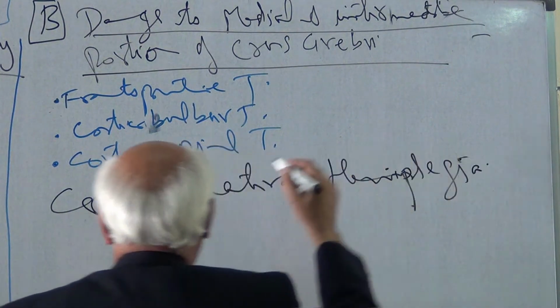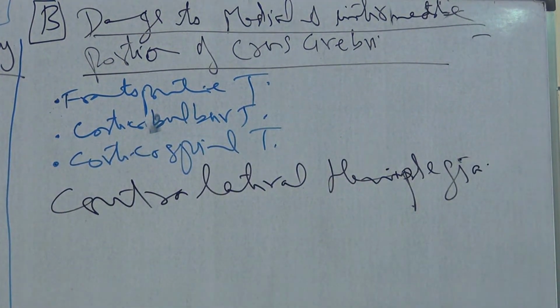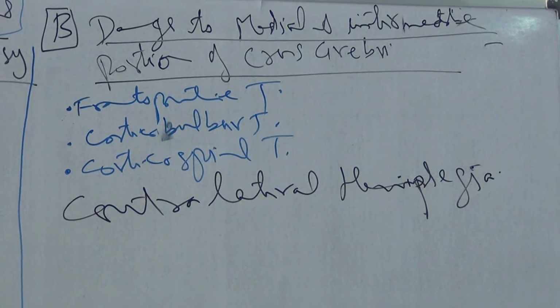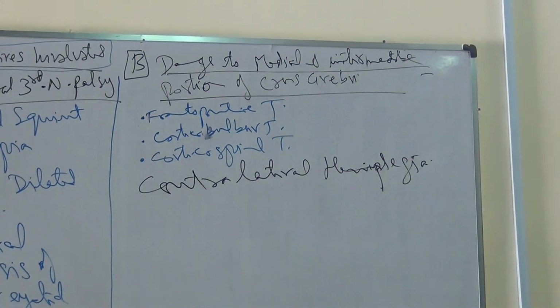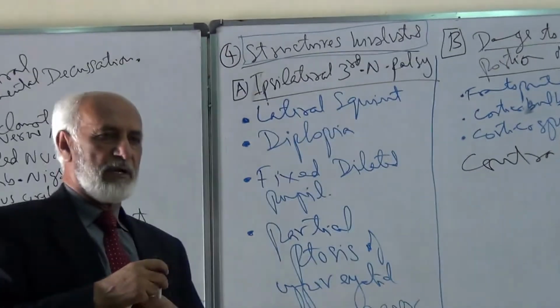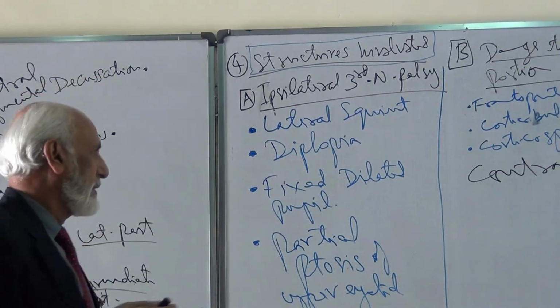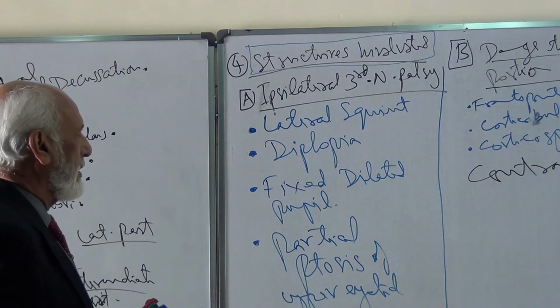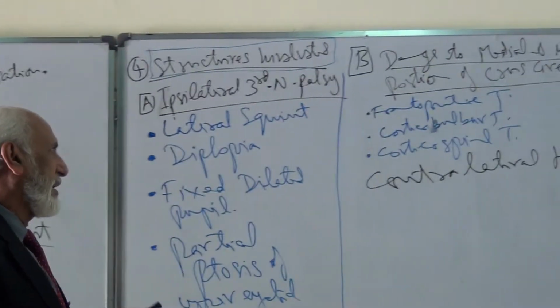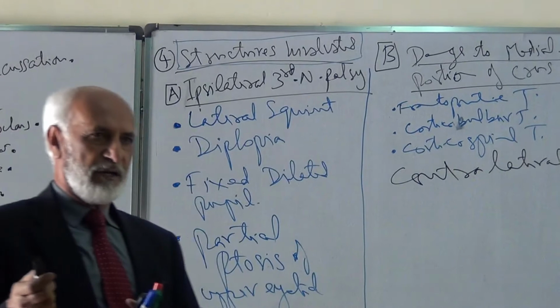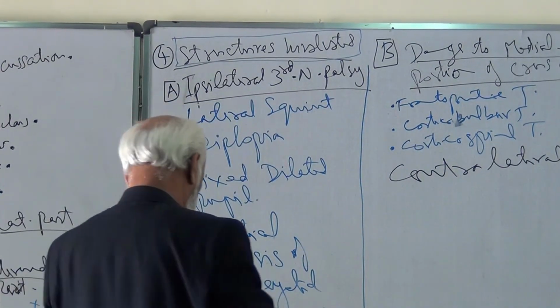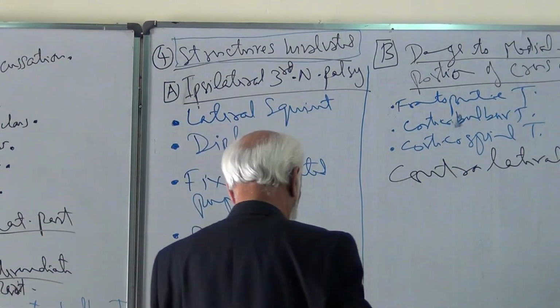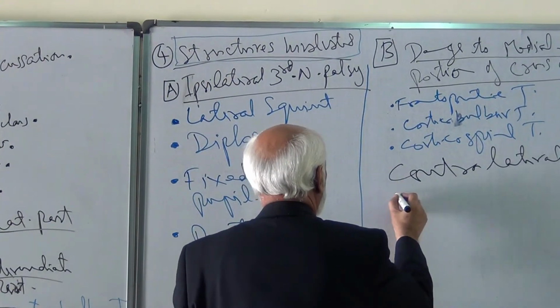On the opposite side, there is paralysis of the face muscles, head, neck, upper part of the trunk, upper extremity. So contralateral hemiplegia results from damage to the medial and adjacent part of the intermediate portion of the crus cerebri.